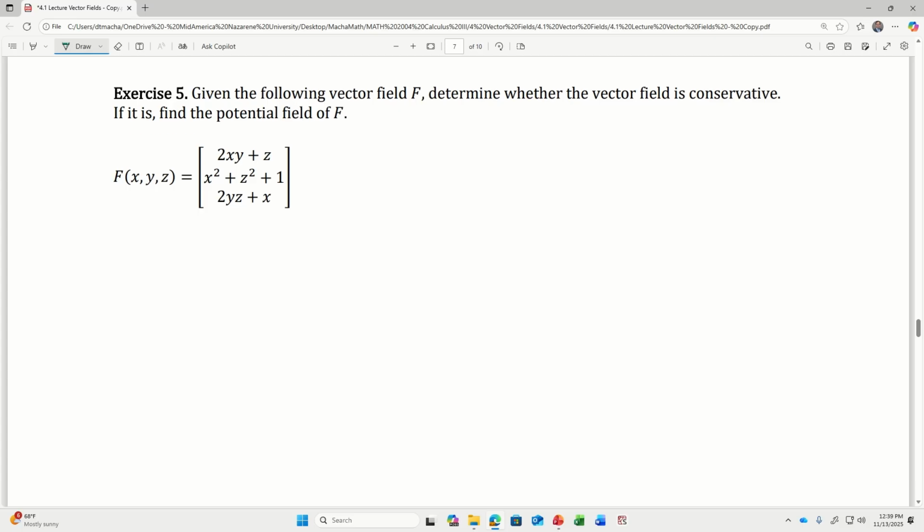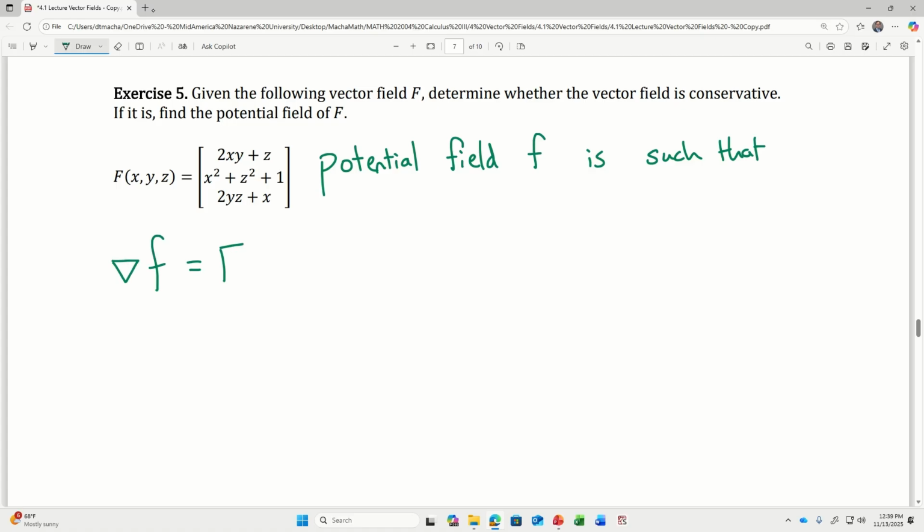Given the following vector field F, determine whether the vector field is conservative. We actually already did that. If it is, find the potential field of F. What we know about the potential field is such that if I take the gradient of the potential field, I will get this vector field.